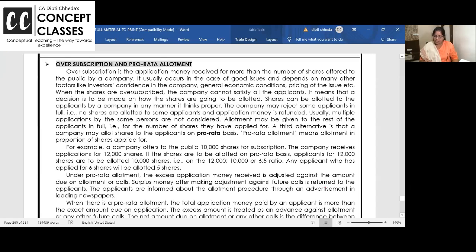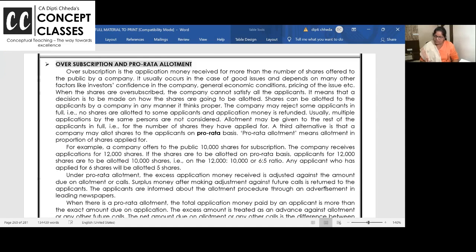See. Over subscription in the application money more than number of the shares, it usually occurs in case of good public issue and all. It depends upon the policy. When the issue is oversubscribed, the company cannot satisfy all applicants.